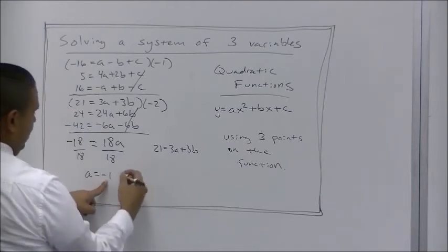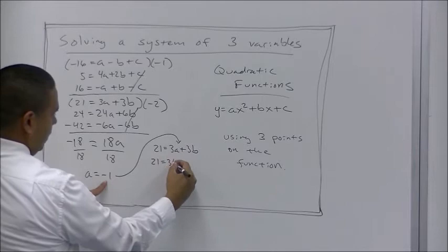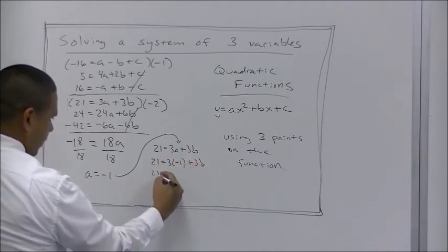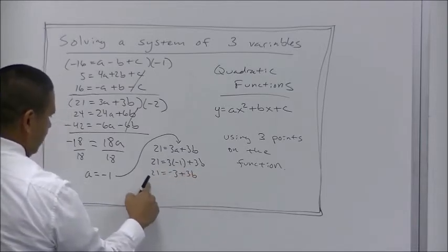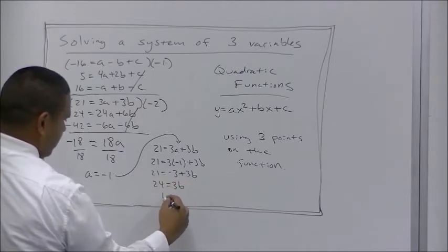Plug the -1 right there for a. So 21 equals 3 times -1 plus 3b. So 21 is -3 plus 3b. Add the 3. So 24 is 3b. So what's b equal?